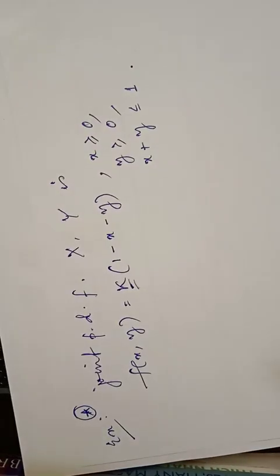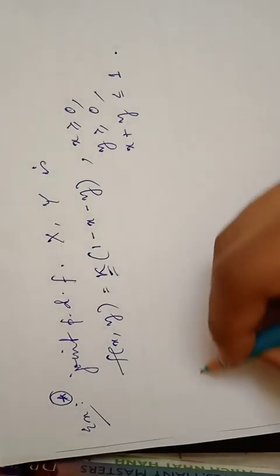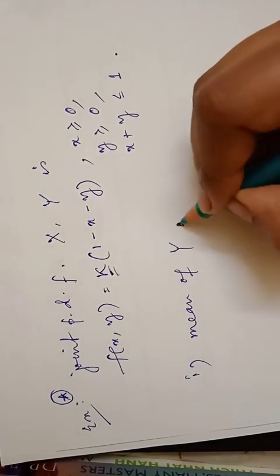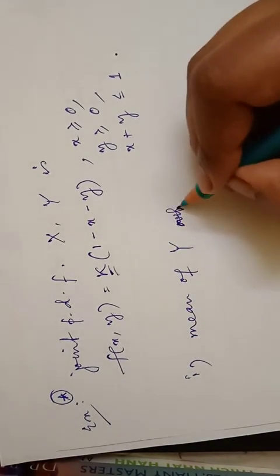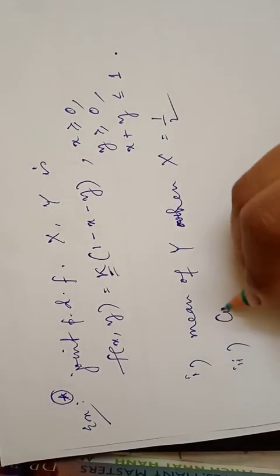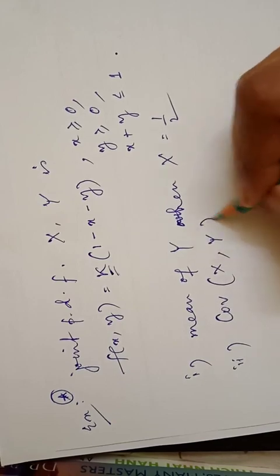The joint probability density function of two random variables x and y is given by this. Then number 1, find the mean of y when x equals to half, and find the covariance of x comma y.